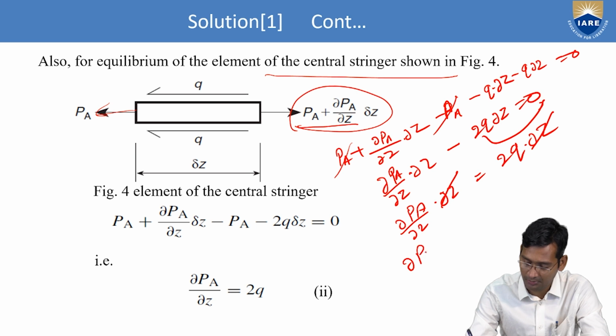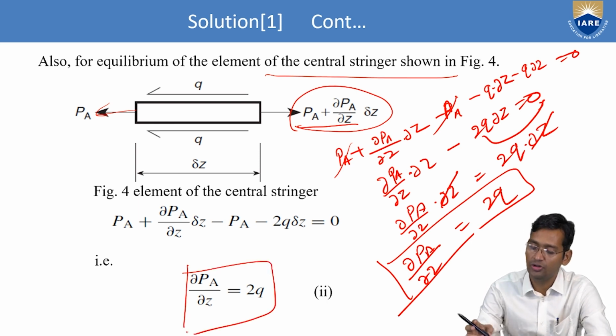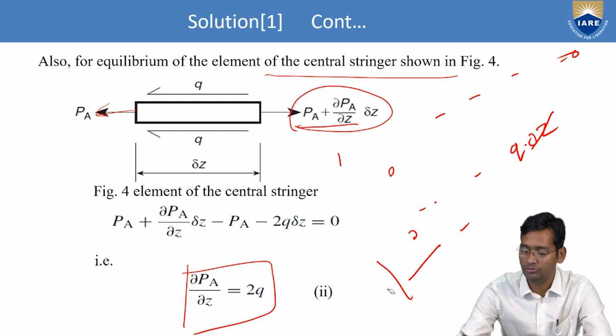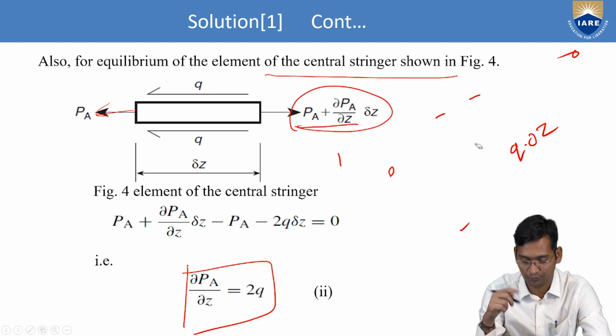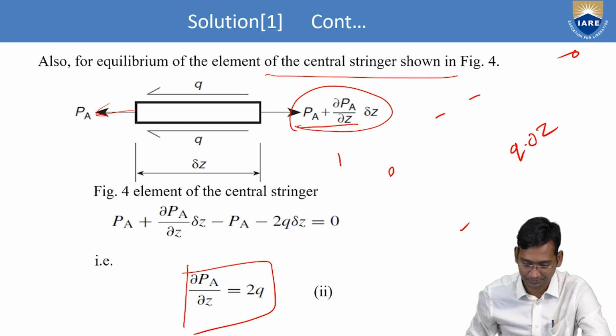So del PA by del Z equals 2Q. Right. So see, del PA by del Z equals 2Q we got. Right. So now we have this along the top and central one. Similarly, the bottom one will also be the same as the top one.